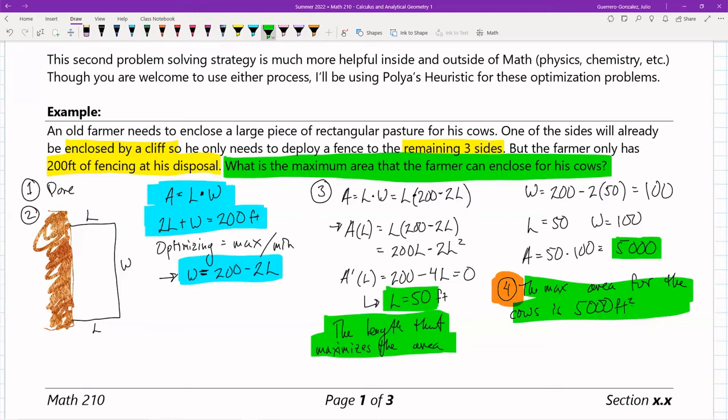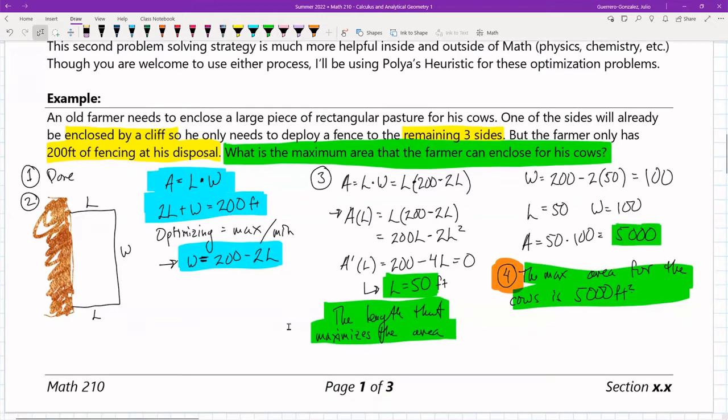There it is. This is optimization. You guys see how useful this is? So I did it with some cows and a farmer. I don't know if a farmer would do this, but the idea is sound. What I want to do is one example a little bit more complicated.